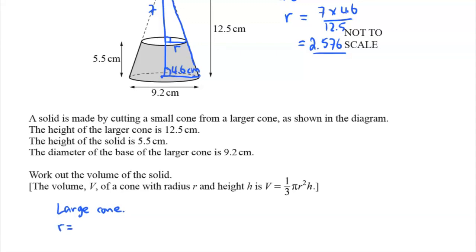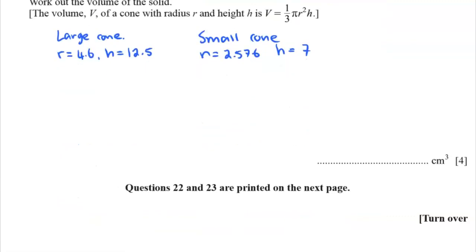The radius is equal to 4.6 and the height is equal to 12.5. The small cone radius is equal to 2.576 and the height is equal to 7. Okay, we're good now. Let's go back to work.